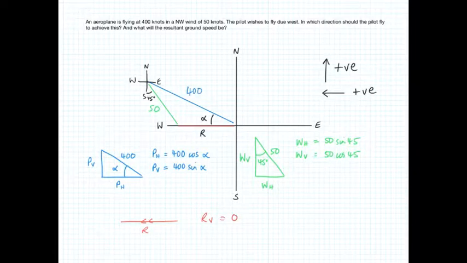So looking in the positive direction, resolving our vectors for the vertical components, we've got that the resultant vertical is 0, but that's going to be equivalent to the plane vertical, which is 400 sine alpha, and then the wind speed vertical acts in the opposite direction, so that's minus 50 cos 45.